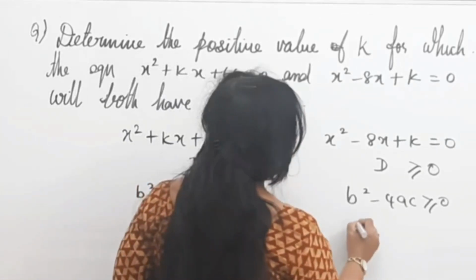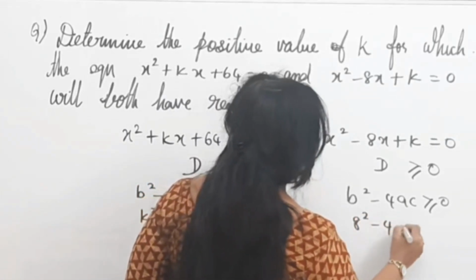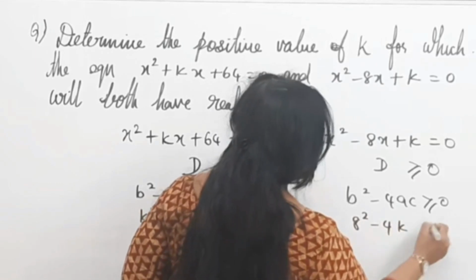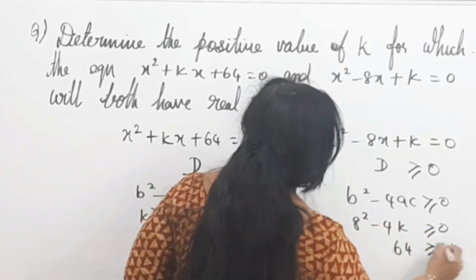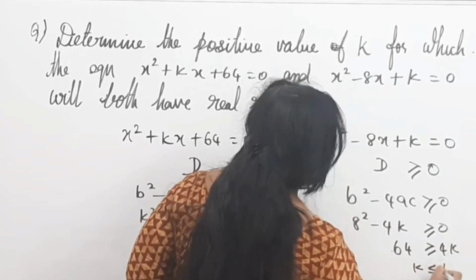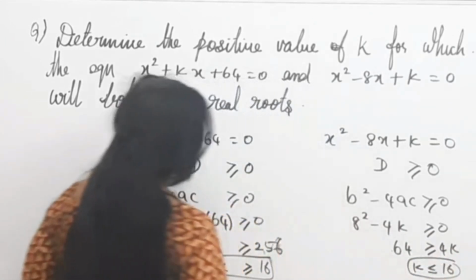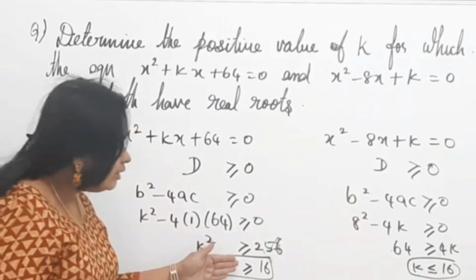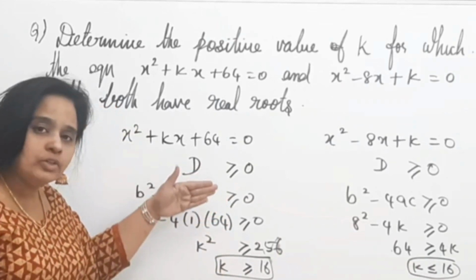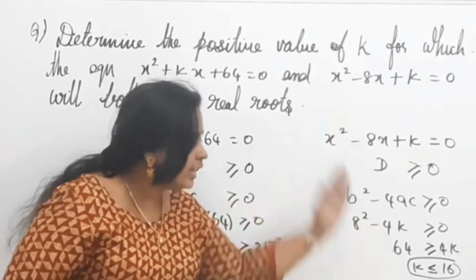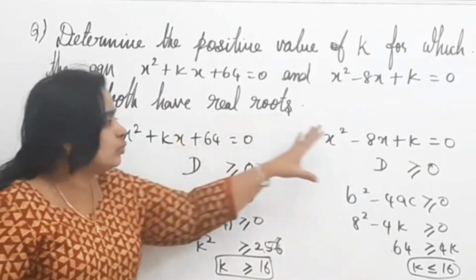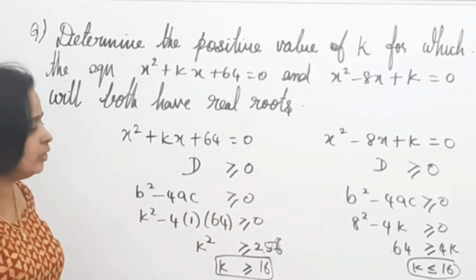Similarly, I go for 8 square minus 4 into K greater than or equal to 0. So 64 is greater than or equal to 4K. So K is less than or equal to 16. So here K will be equal to 16 and more than 16. Here K will be equal to 16 and less than 16. These equations will have the real roots.